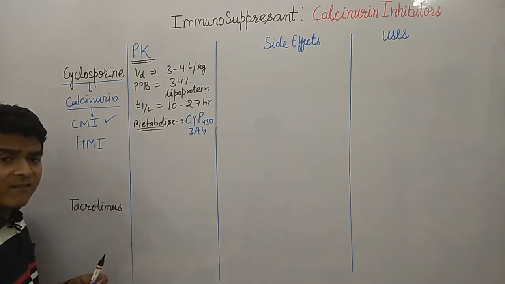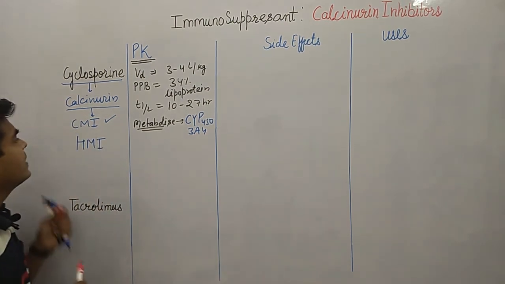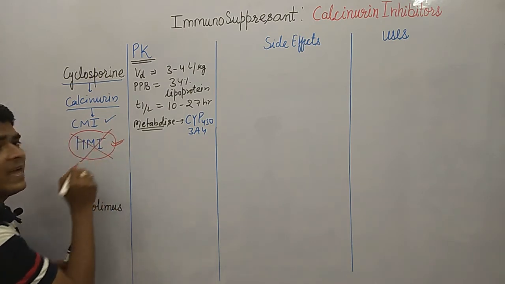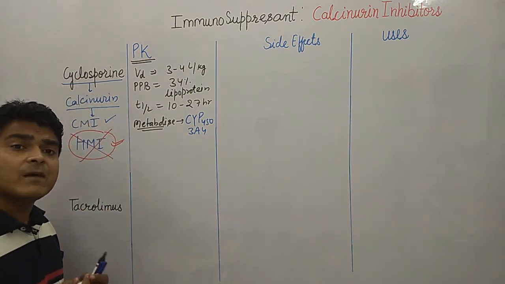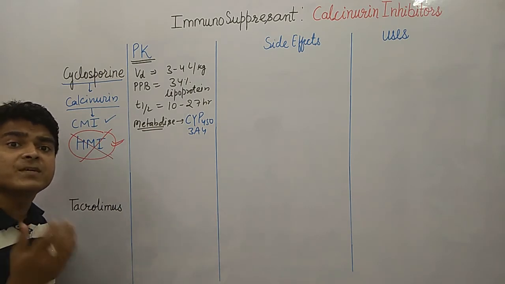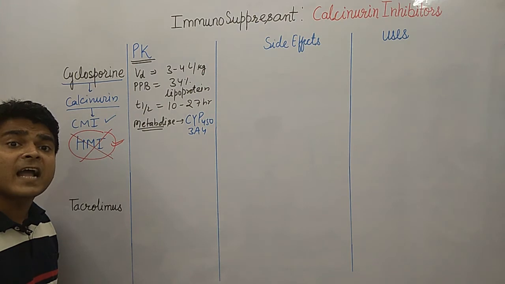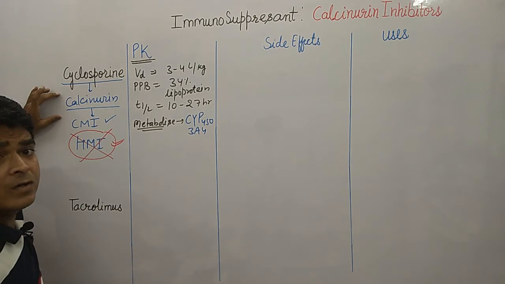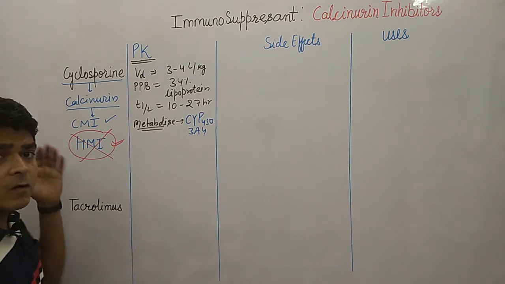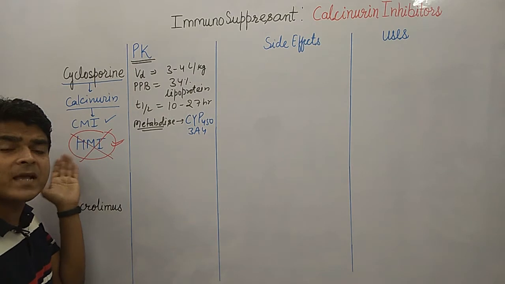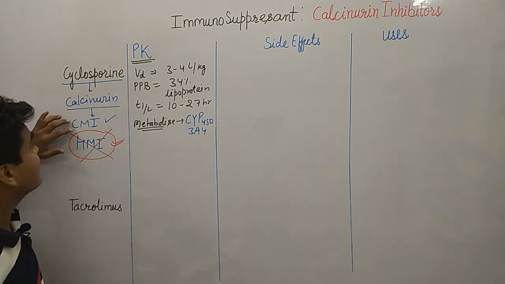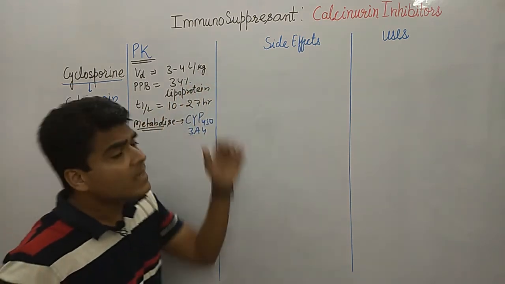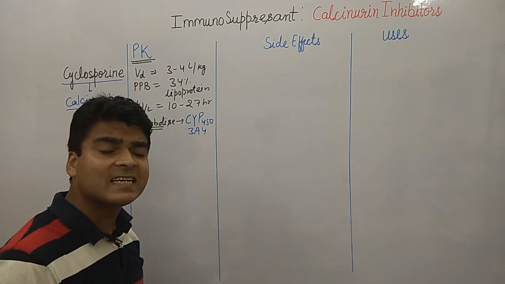You must learn that humoral immunity is not affected by cyclosporin. In examinations like GPAT, NIPER and NEET PG, the examiner may ask which kind of immunity is inhibited by cyclosporin. The options are CMI, HMI, both of these and none of these. The correct answer is CMI. It inhibits CMI.